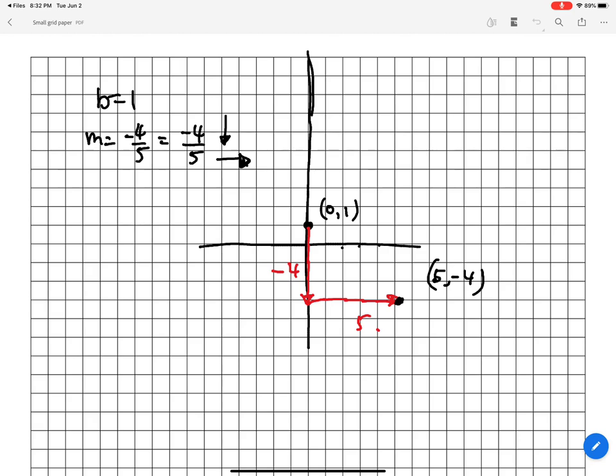Okay. And once we've got those 2 points, connect the dots. Okay. Alright. So hopefully it'll give you some idea on how to graph linear equations if you're given a slope and the y-intercept. Okay.